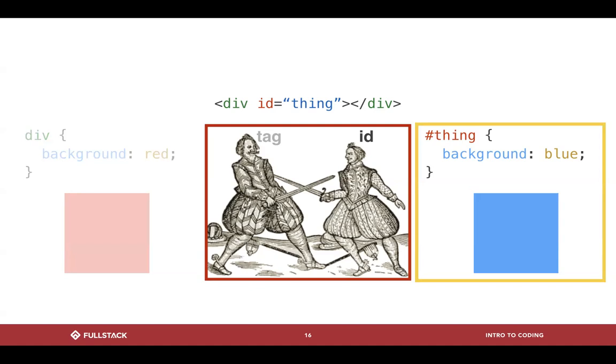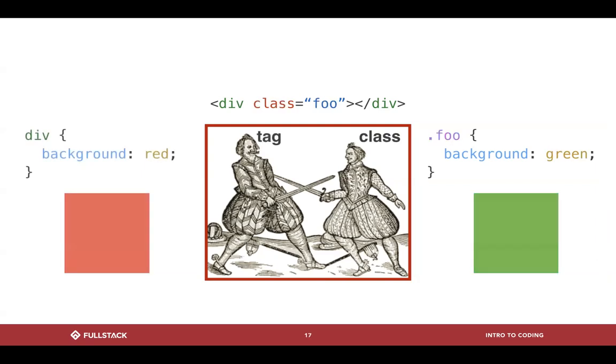That's the idea: there's a single element with this ID. So if I make an ID selector in my CSS rule, it's more specific, saying do something to this one specific element rather than all divs. That's a long roundabout way of saying that IDs take precedence over regular tags.